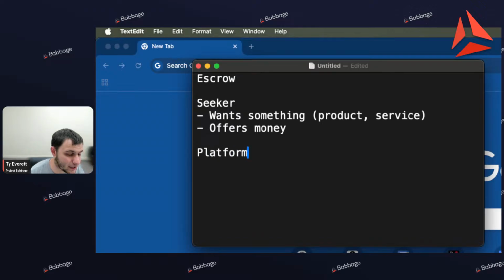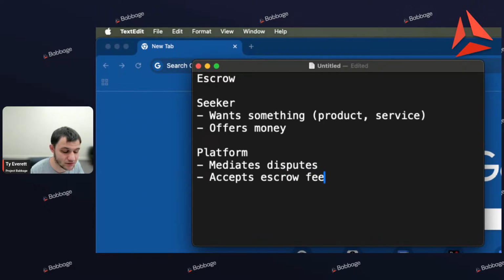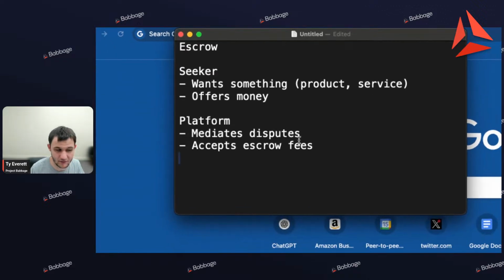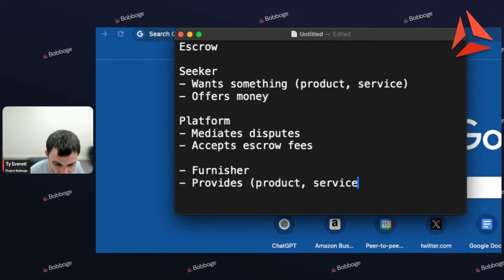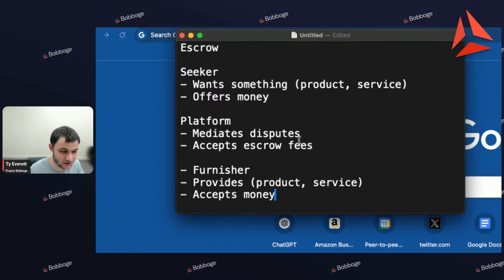So you have a platform that takes a fee. And then you have a furnisher who furnishes, who provides a product and accepts money.